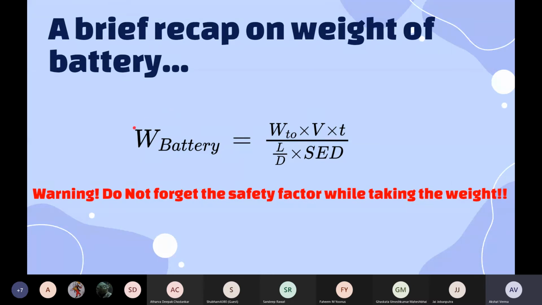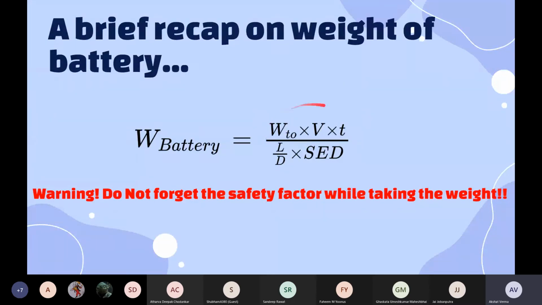Now, what is safety factor? We should notice here that we are doing some quite idealistic things. The first thing is that what we have done here is just the cruise part of our mission. Most of the time your mission will not only include the cruise part. First you have to take off from a certain location, then cruise, and then land at a certain location. Your mission can also have some other components.